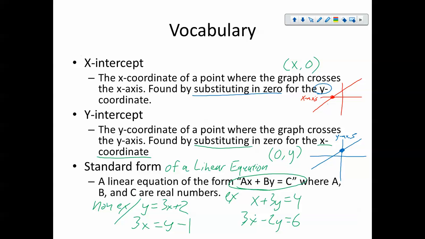Notice the form here: an x term plus or minus a y term equals some constant. These are examples. These are non-examples. I should have done the non-examples in red. Okay, good. So make sure you have those added to your algebra vocabulary, and let's move on.